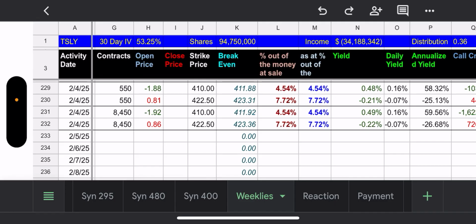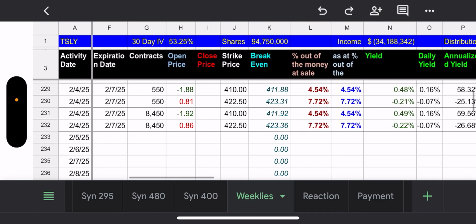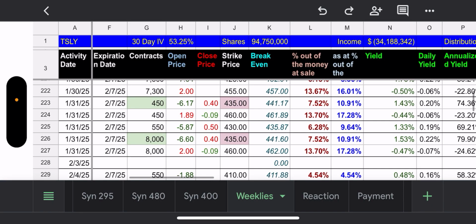Why? I don't know, man. It's 550 contracts. Why waste the money? But whatever. They did it, and they chose a 410 strike. So they rolled the strike down to 410. In both cases, they rolled it to 410 from 435 and 430.